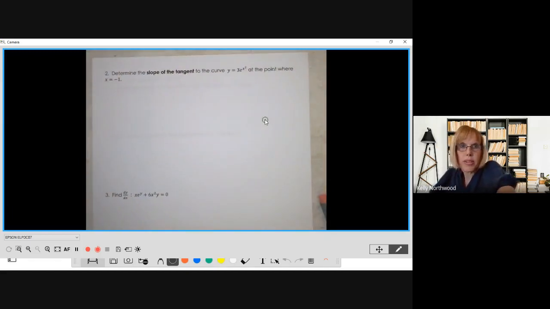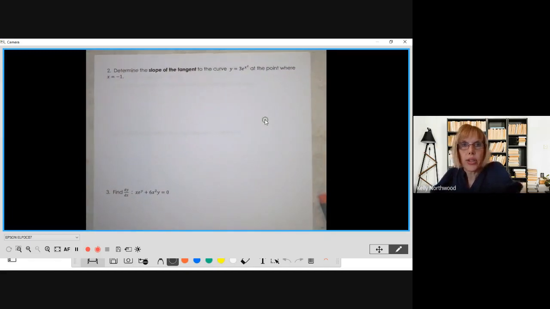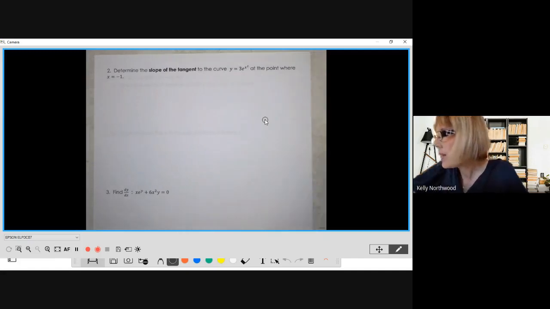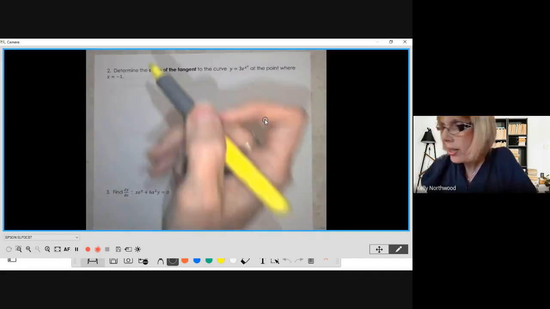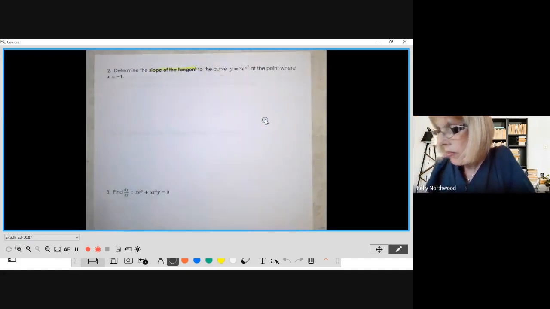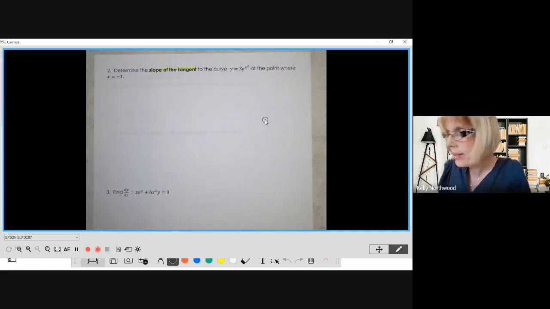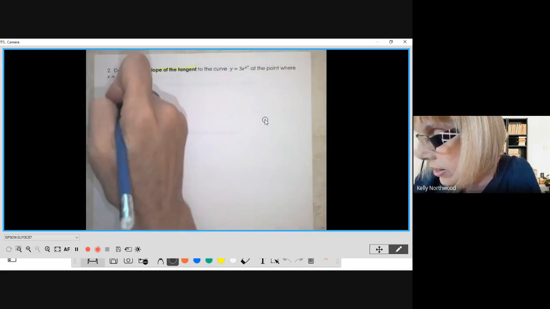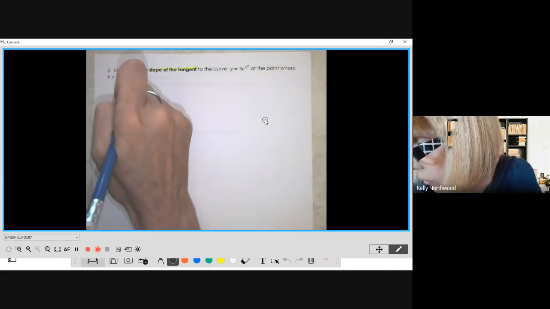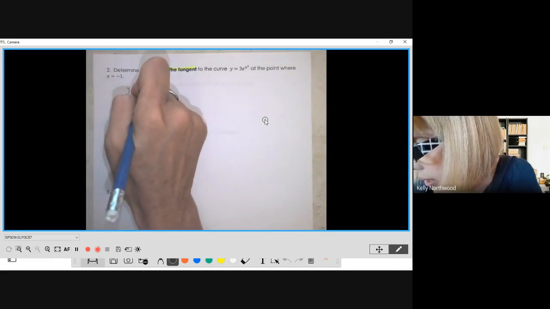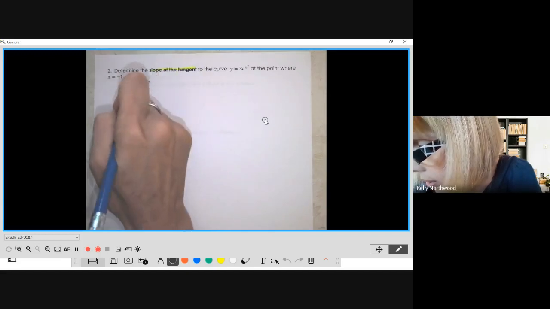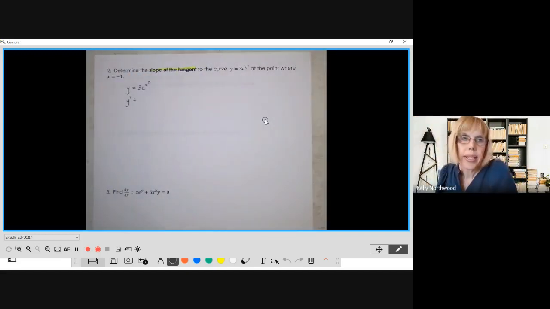All right, determine the slope of the tangent to the curve y equals 3e to the x squared at the point where x equals -1. Okay, so it's a slope of the tangent question. So we want to find the derivative and then substitute -1 in for x. This is a fairly straightforward one. If y equals 3e to the x squared, it's just our normal e chain rule.